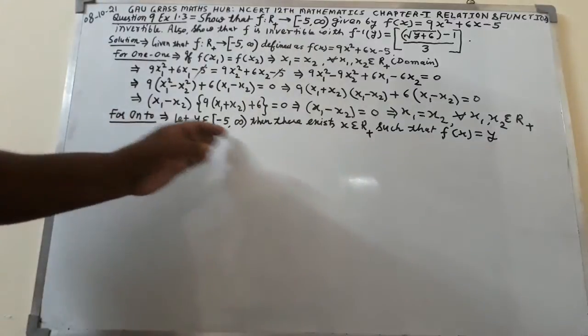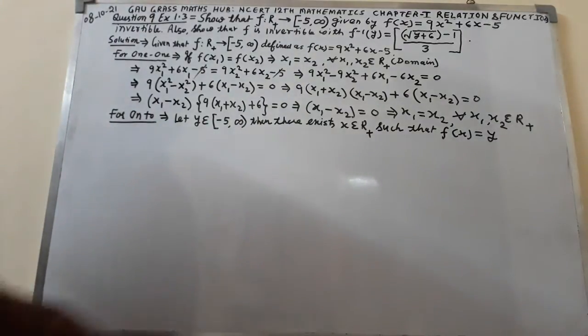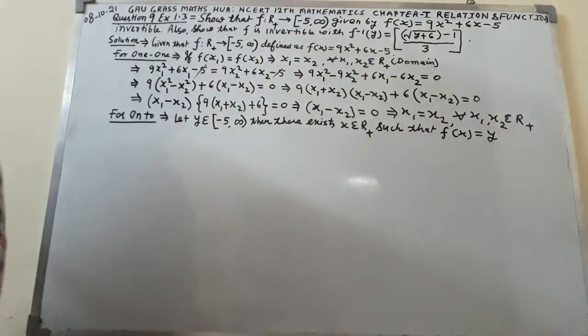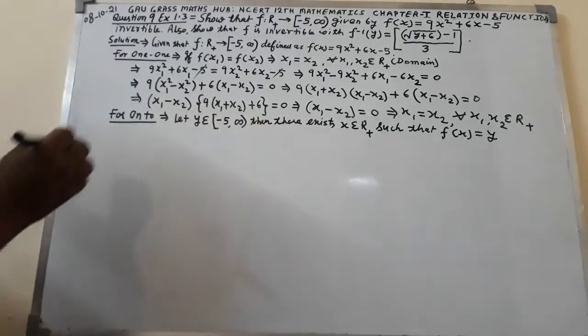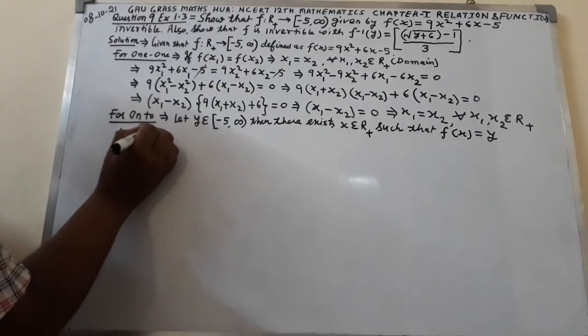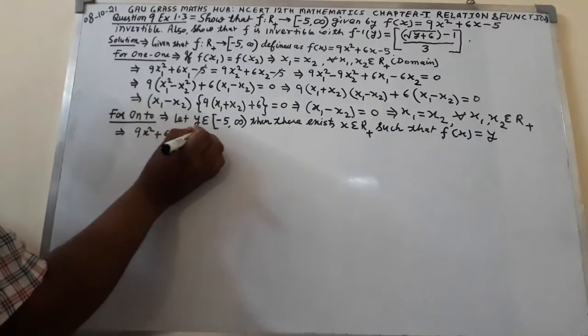This is the theorem related to onto function. What we have to do here: f of x will be equal to y. Hence, this implies that 9x square plus 6x minus 5 is equal to y.